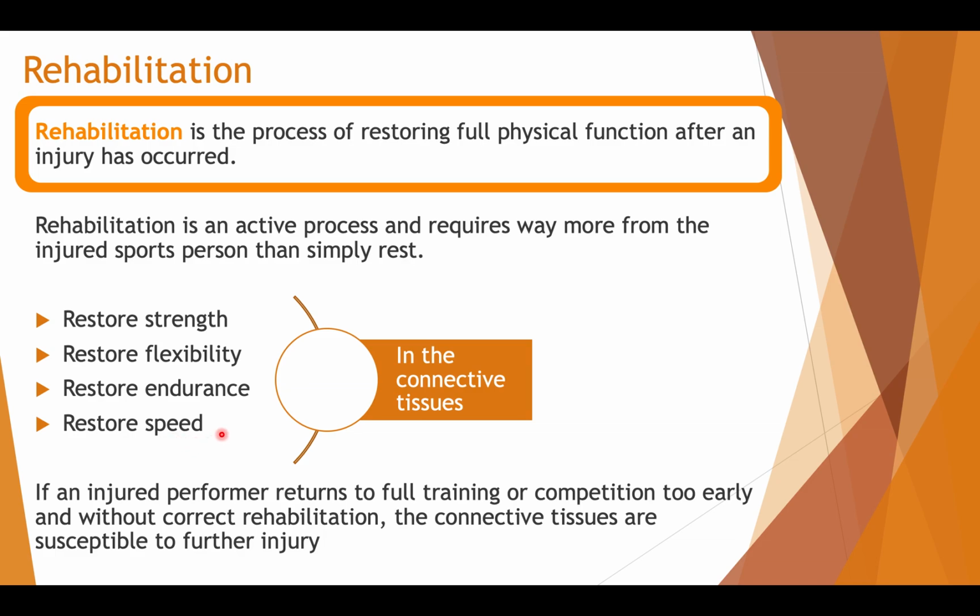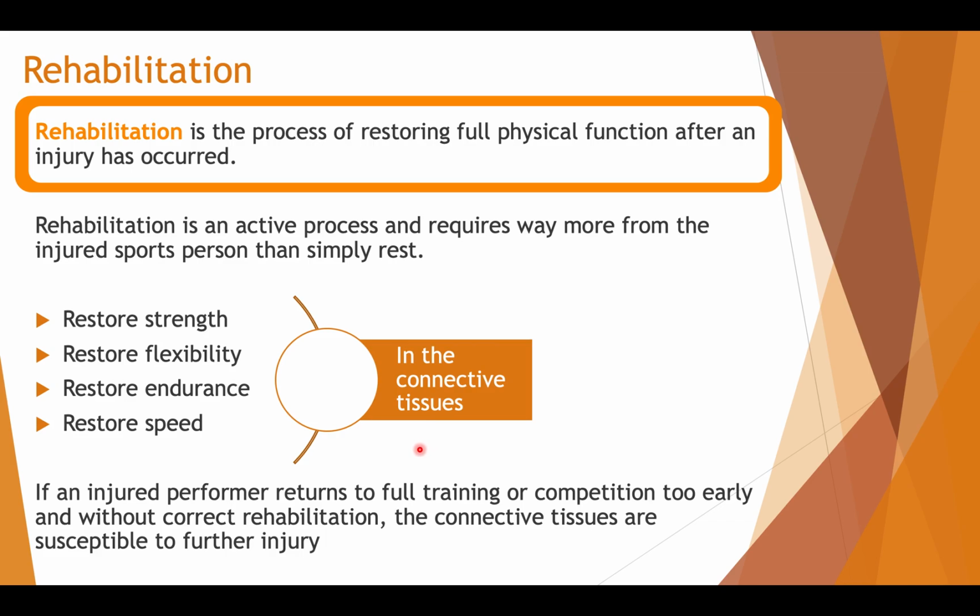So if we're looking at the outcomes, the reason that we would take part in rehabilitation, these are the reasons. We're going to take part in a rehabilitation program in order to restore strength, restore flexibility, restore endurance, and restore the speed within the connective tissues.